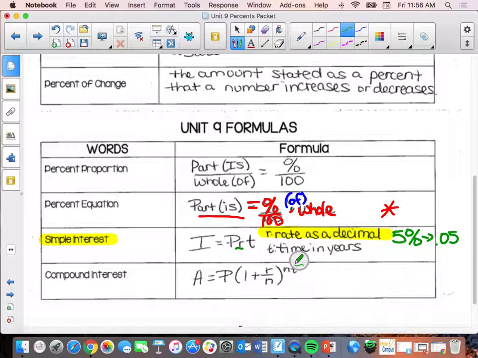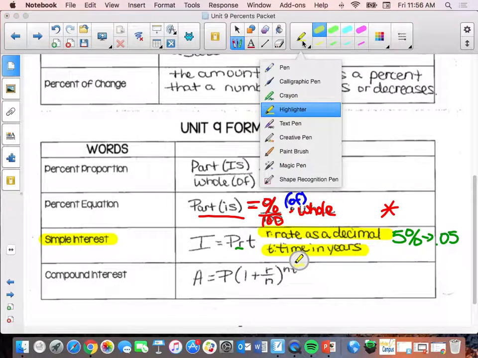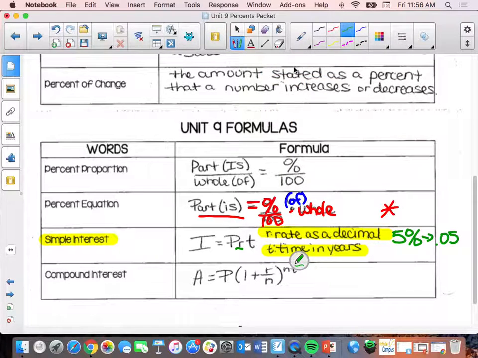And for time in years, notice the time in years, that years part is really important. So if they give you the time in months, for example, 5 months, remember that's 5 months out of 12 months in a year. So that would really be 5/12 of a year.